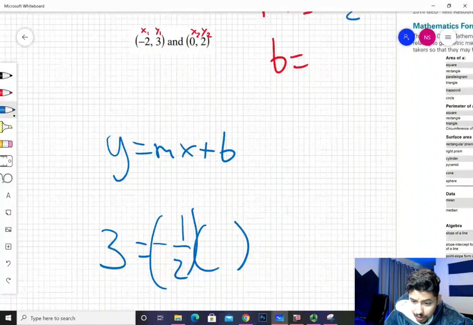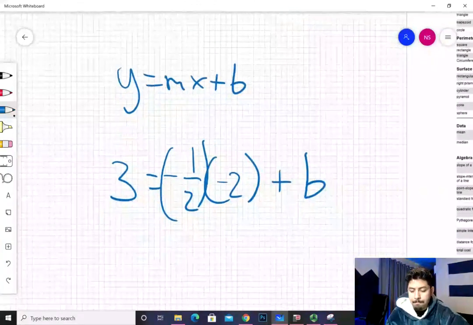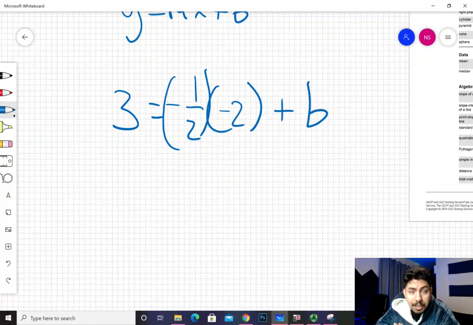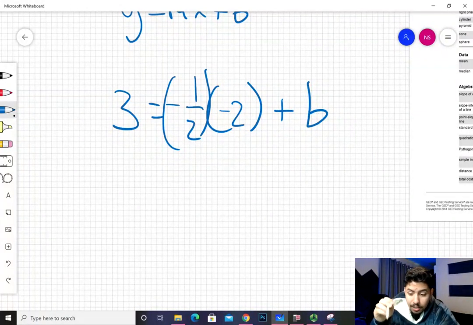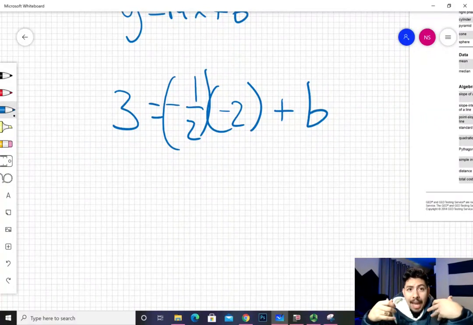My x is going to temporarily be negative 2 because I'm using that set of points, plus b. We temporarily took advantage of our best friend y equals mx plus b, and we filled in the x's and the y's and the m's for a reason, so that now we could use math to solve for b.